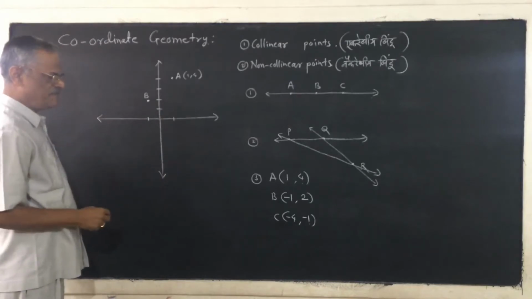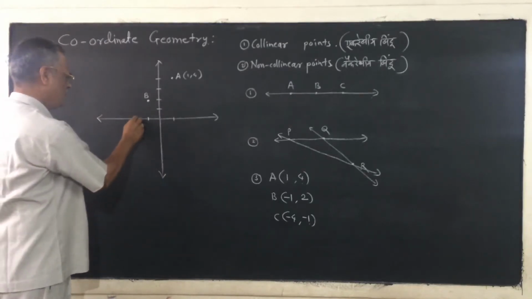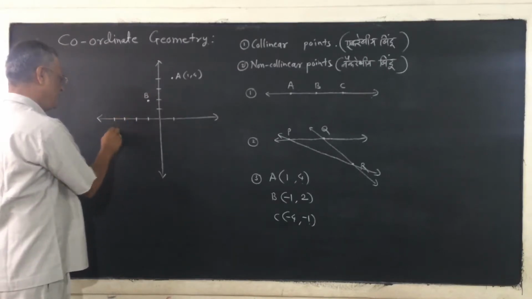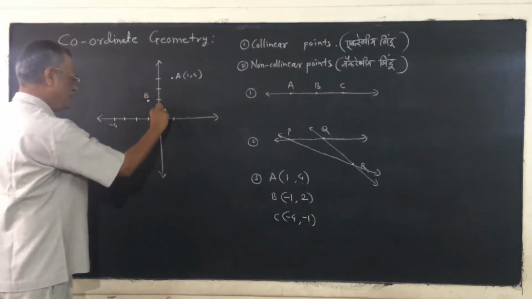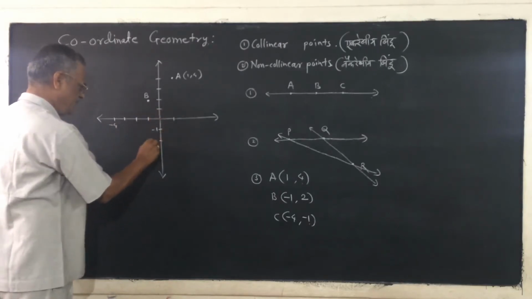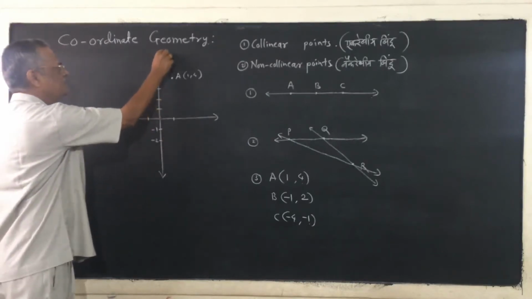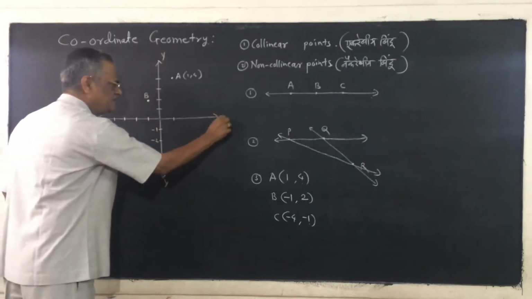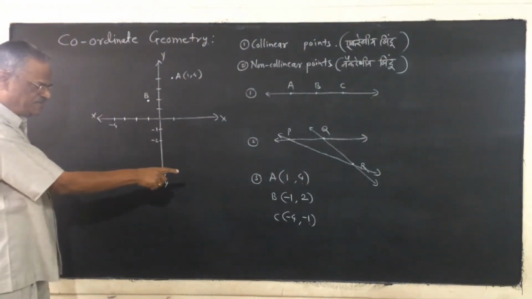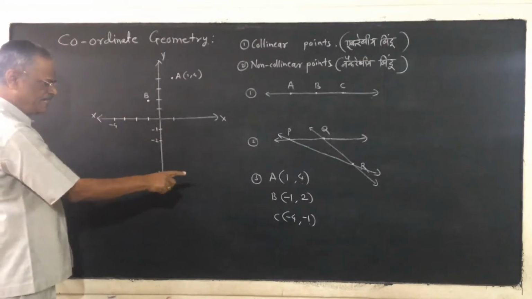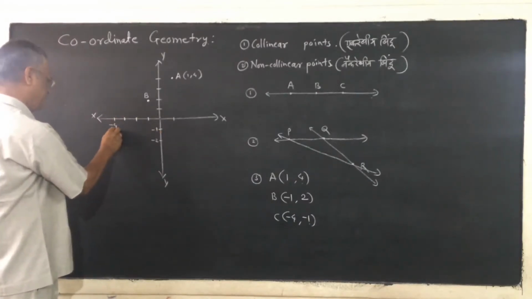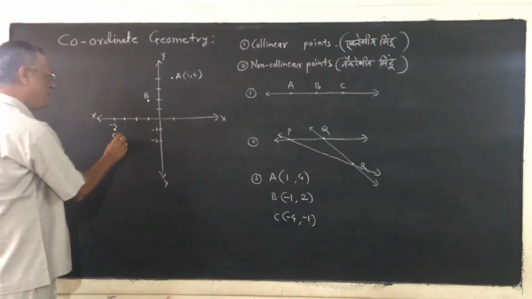And what is the third point there? -4, -1. This is your y-axis. This is your x-axis. Point C is in the third quadrant. -4, -1. This is your C point.